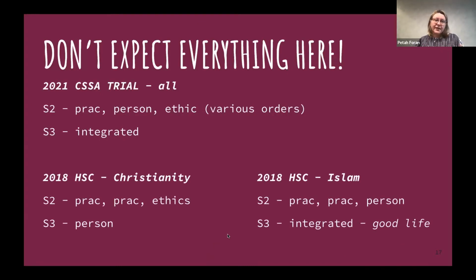And don't expect everything. Here, for example, in the 2021 CSSA trial paper, everything that you had to learn was in one way, shape or form on the paper. In the 2018 HSC for Christianity, it was everything altogether, but not in section 2.